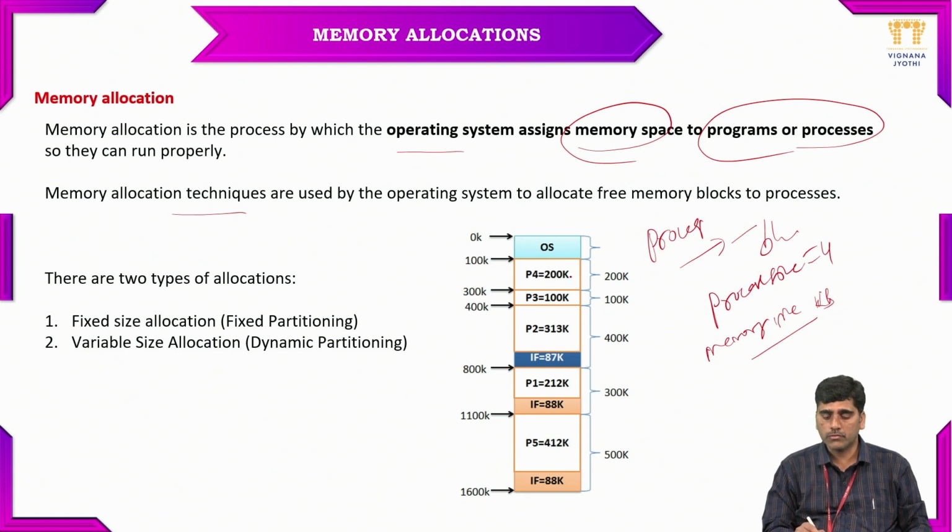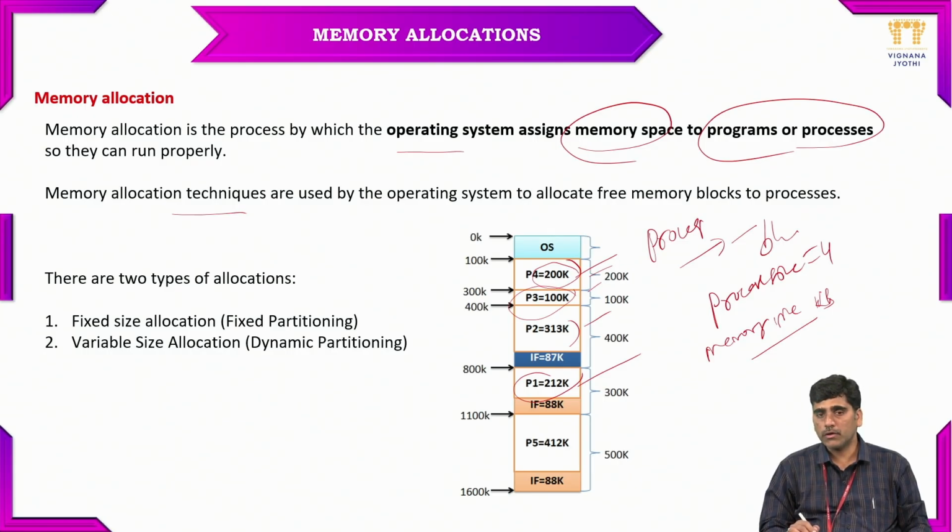Here you can see some blocks available with their sizes and the processes to be allocated: P4 is 200 KB, P3 is 100 KB, P2 is 303 KB, 313 KB, P1 212 KB, like that. All these processes have their sizes, and according to the block sizes they are allocated in the blocks.